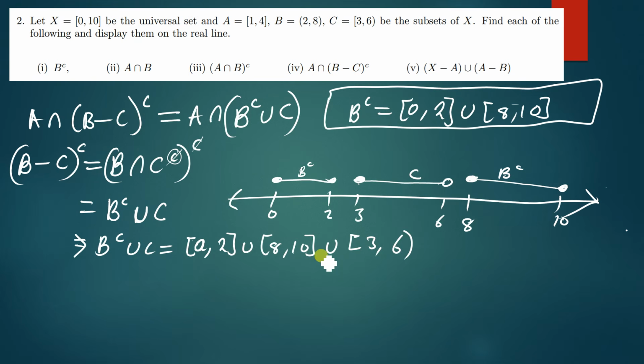Having found this, we now have to find the intersection set between A and what we have found here, because we said this is equivalent to that. So let us find the common elements between what we have found here and A.